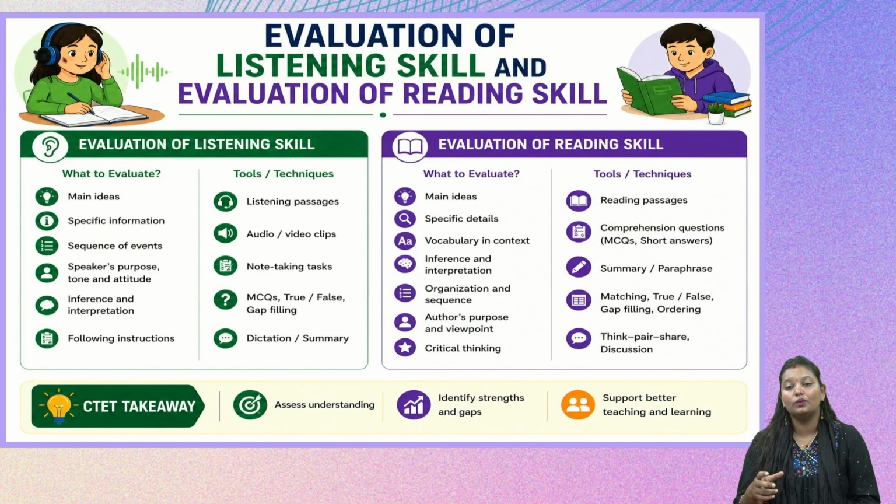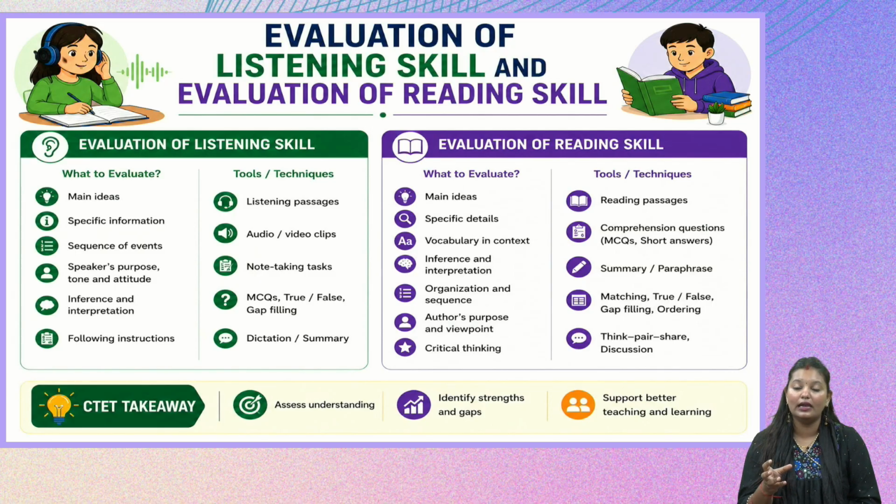So what are the various tools and techniques that we can use? Reading passages, unseen passages, seen passages. The teacher can ask various MCQ questions, short answers, and also ask them to paraphrase or tell us in their own words what they have understood, or summarize the text that they have just read.